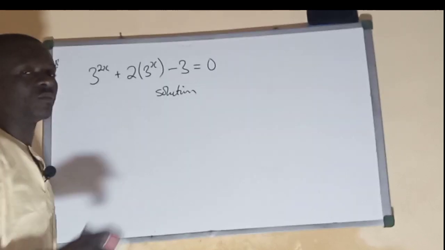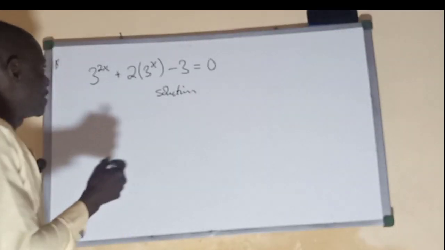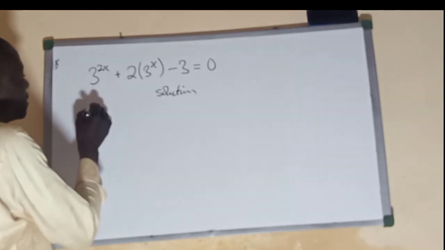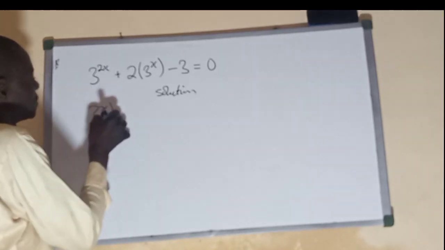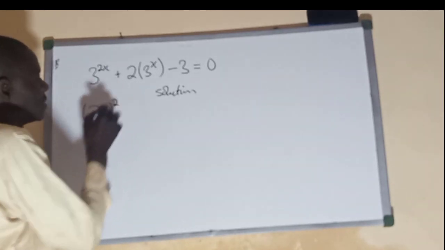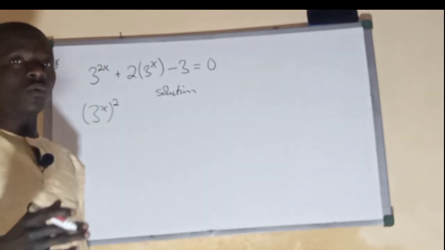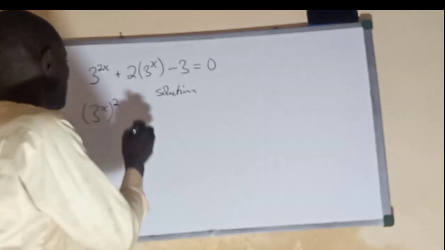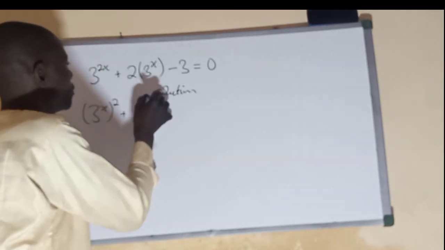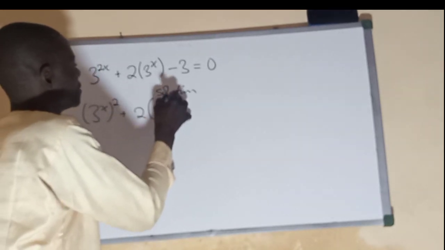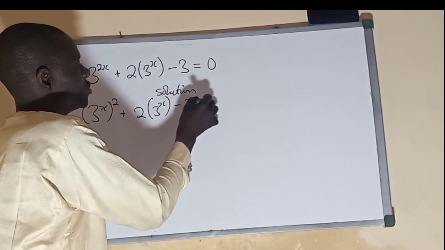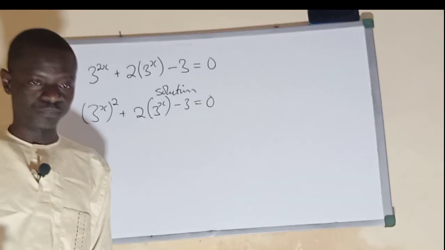We then rewrite the equation as (3^x) in brackets, squared, following the law of indices, plus 2(3^x) - 3 = 0.